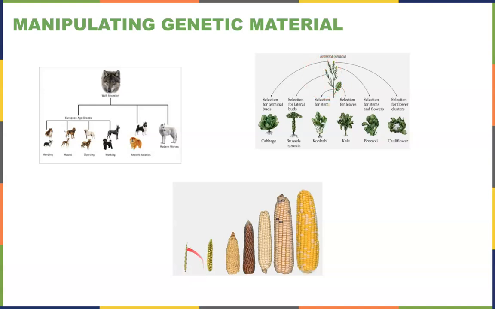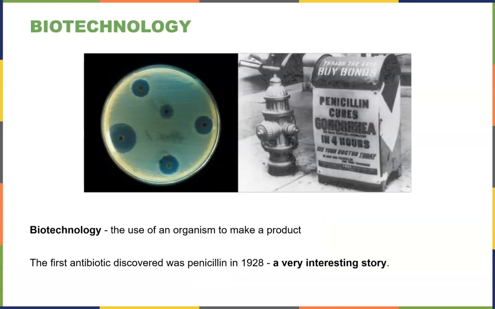And then same thing with corn. Wild corn used to look like that, and we've just continued to breed it so that we get corn that we now can recognize that's in the grocery store. So this is selectively breeding, and we've been manipulating DNA for thousands and thousands of years without actually getting into the nitty-gritty part of it, which is what we're going to look at today.